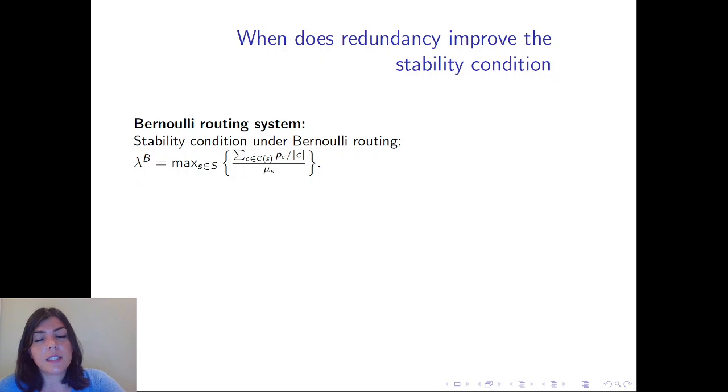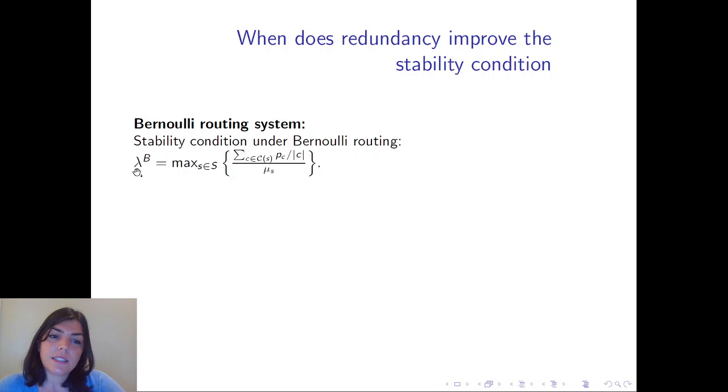So then we can see this system as a k-independent server system where the arrival rate to each of the servers is characterized by the sum of the fractions of types that the server can serve, divided by the cardinality of the type, for all the types that are served in the system.